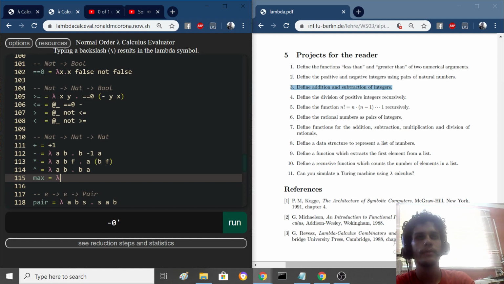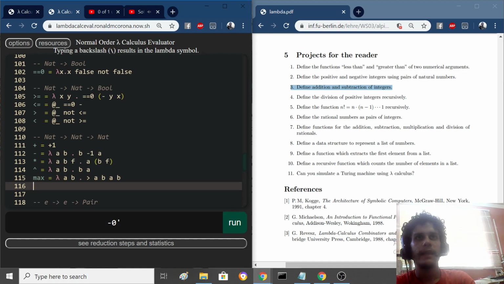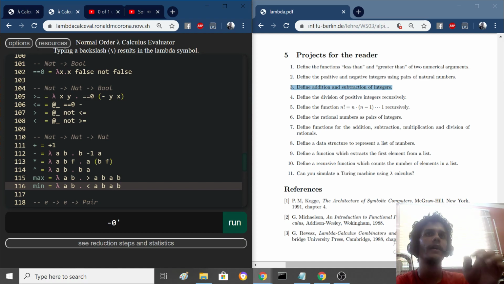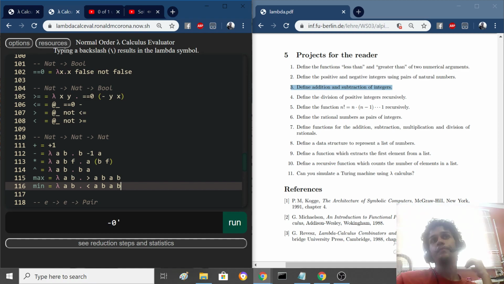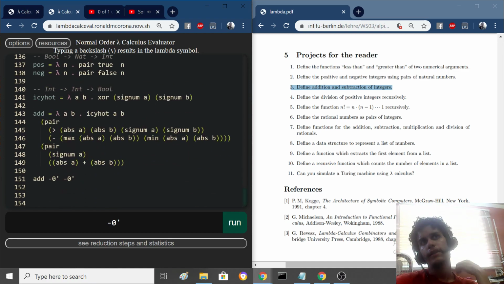Max equals, it takes an A and a B, and if A is greater than B, then it'll give us A. If not, it'll give us B. And min, very simple. It takes an A and a B, and if A is less than B, then it'll give us A. If not, it'll give us B. Let's go test them out real quick.